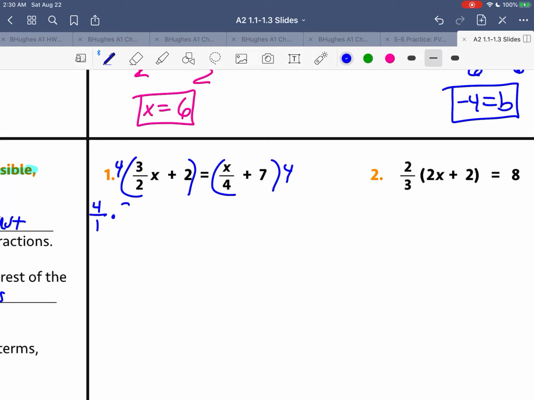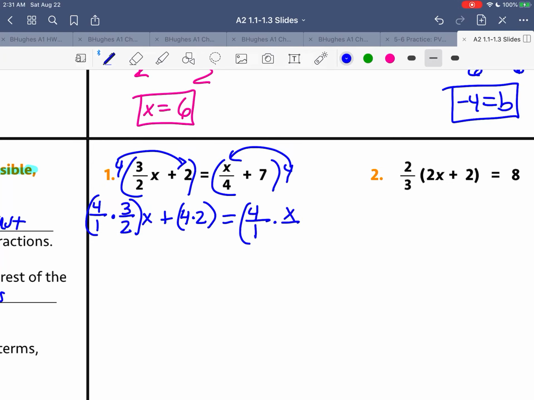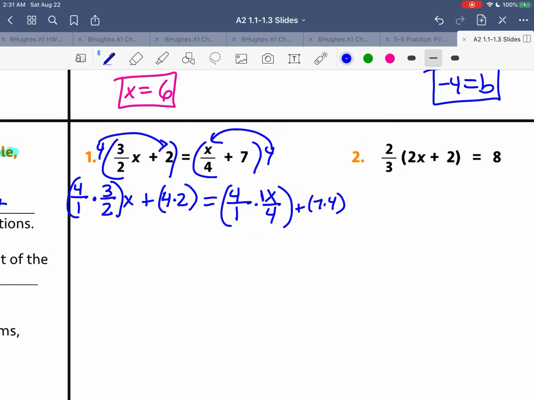Let me show you how I'm going to write it out. If it's a fraction, I'm going to write 4 as a fraction by writing it over 1. If I'm multiplying with a whole number, then I'm not going to do that. I'm just going to put it in parentheses together to multiply. 4 times this one is 4 over 1 times x over 4, or 1x over 4. And then you have 7 times 4.